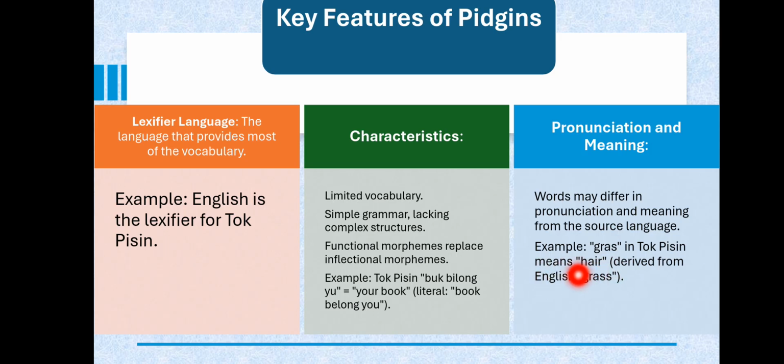The meaning has also changed. This is an example of the word grass in Tok Pisin meaning hair, and it has been derived from the English word grass, because English was the lexifier language for this Tok Pisin.